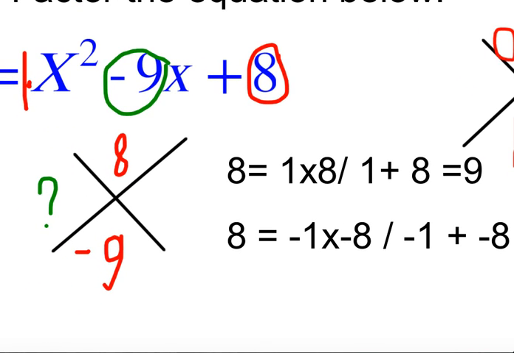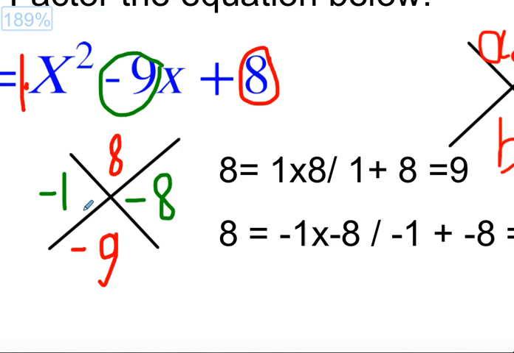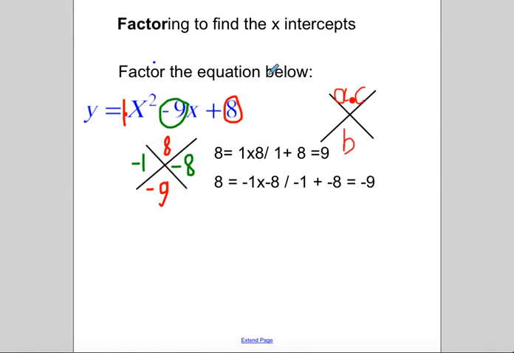So here, I'm going to put the two numbers: minus 1 and minus 8. Minus 1 times minus 8 is positive 8, and minus 1 plus minus 8 is minus 9. So these are the two numbers that I was looking for.